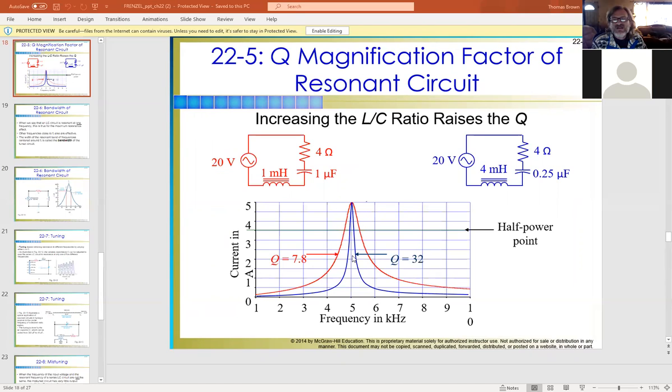So if we look at our Q factor, even though both of these still have the same LC ratio, because of the components involved, this circuit on the right here has a much tighter bandwidth than the one on the left, the red one.